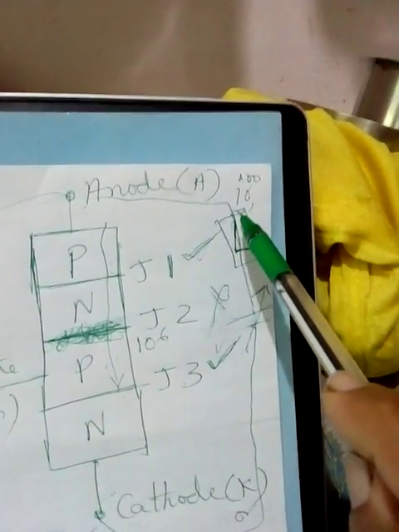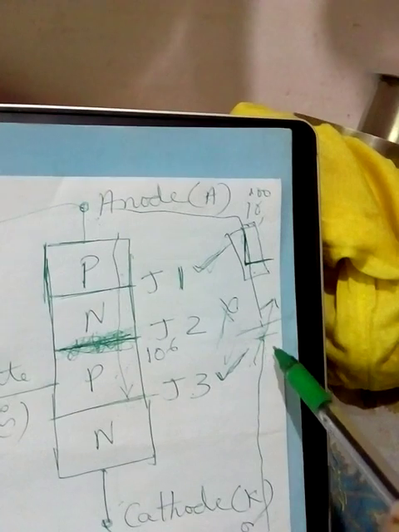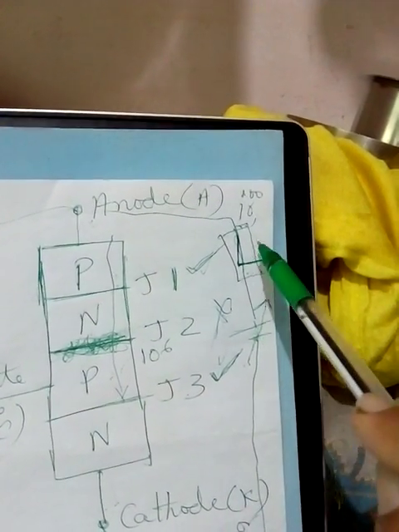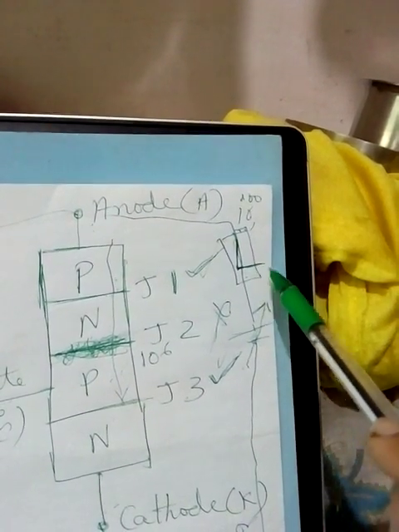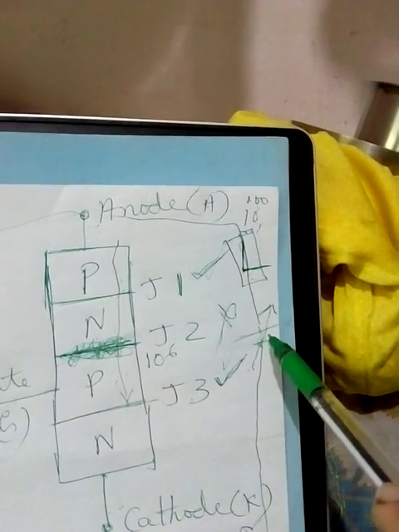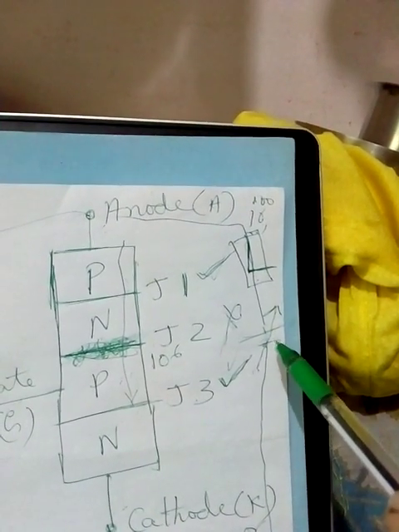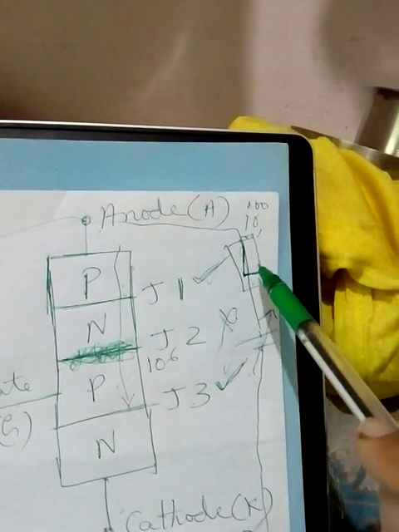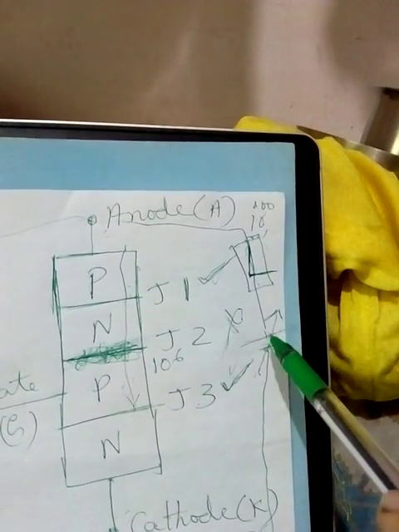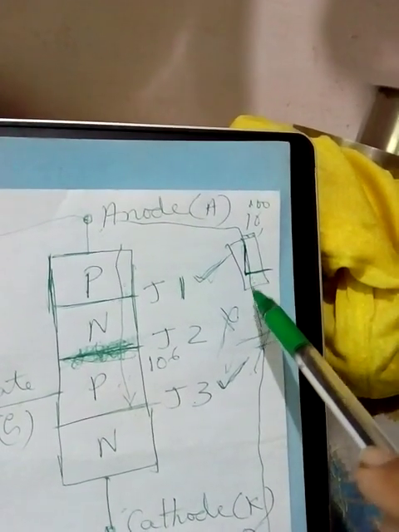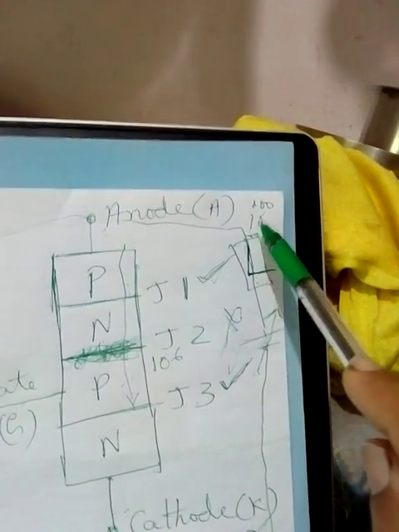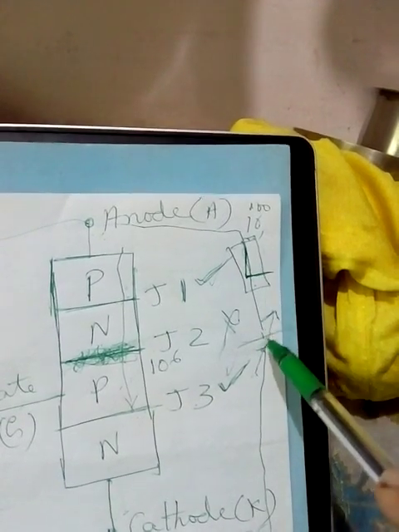Suppose say load is 1000 watt. 1000 watt means I will be equal to 1000 by 230 volts, around 4 amperes.